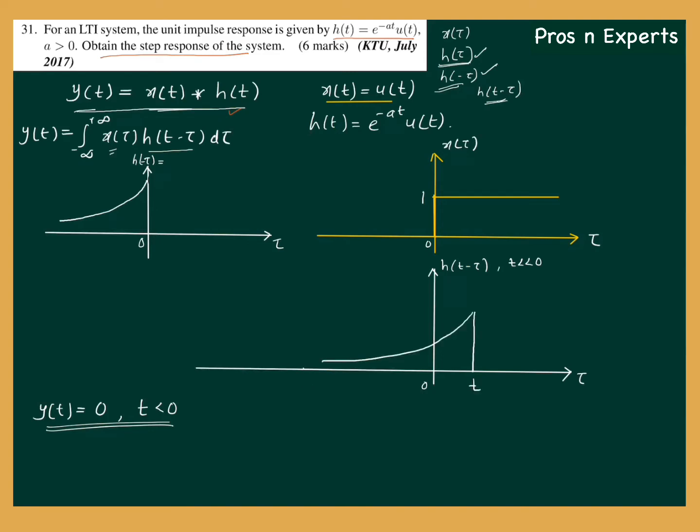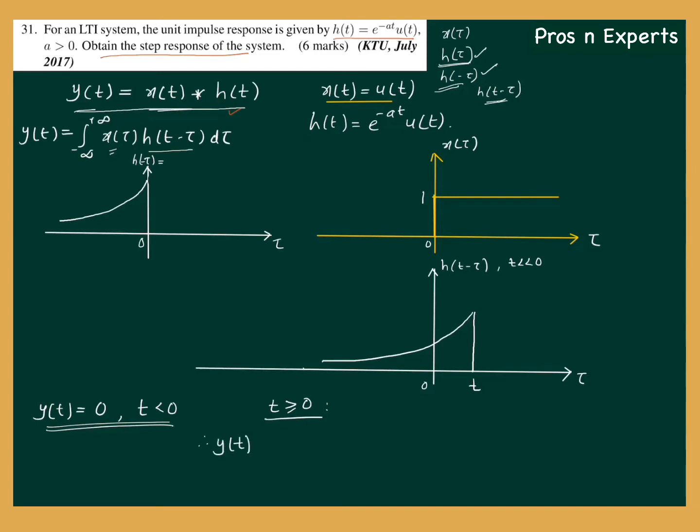Here t is greater than 0, and h of t minus tau gets overlapped with x of tau. How can we express this condition? Very easily, we can write it as t greater than or equal to 0. This is the time interval in which we are going to evaluate y of t. Now what is y of t?